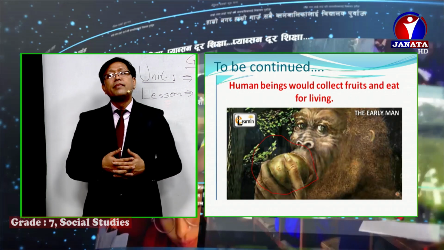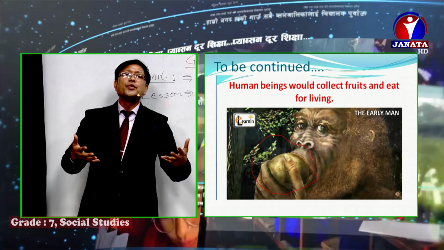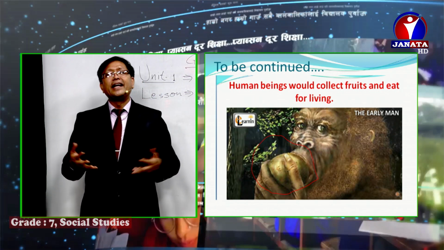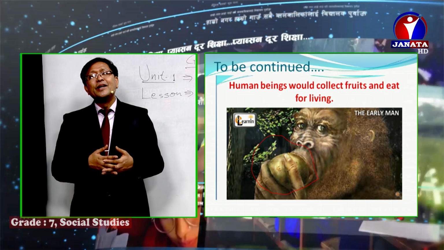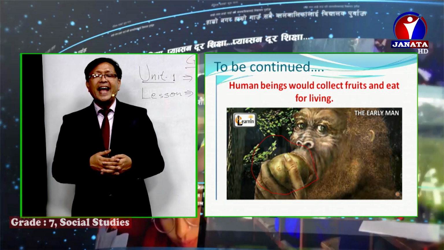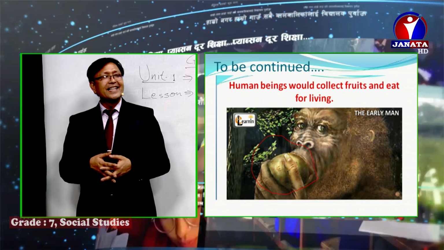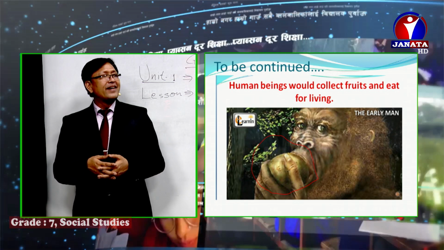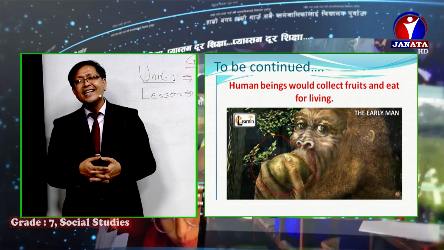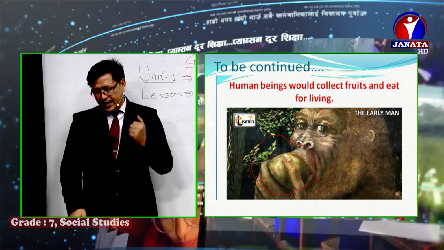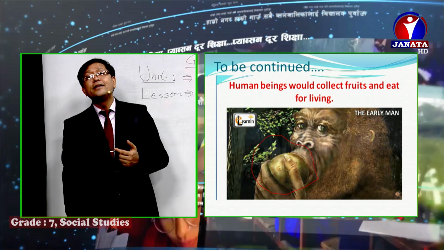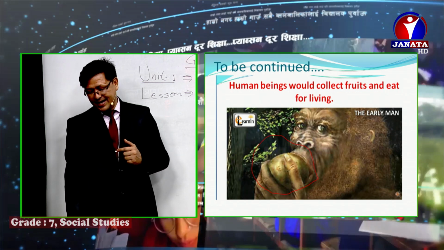Look at it, my dear students, sometimes they would not be able to hunt animals. Then what did they eat? Of course, they would eat wild fruits and roots. Now you can see in the image, one ancient man, the early man, is eating wild fruits. And sometimes they would not get wild fruit as well. Then what did they eat? I'll show you one.